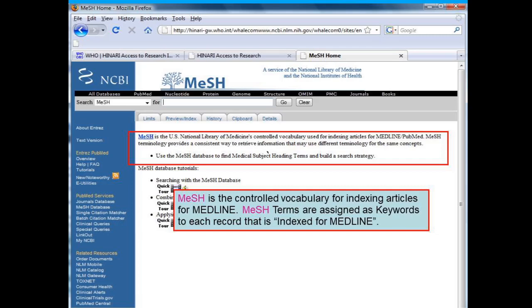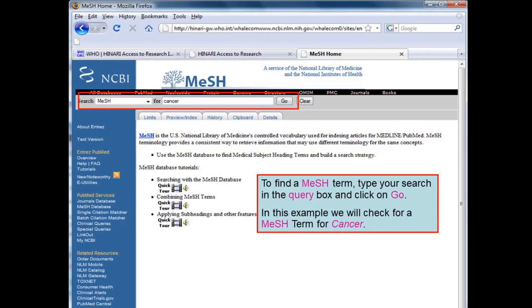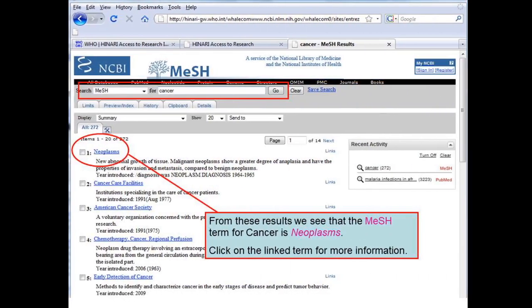So whatever articles are available, they use this predefined vocabulary to index them.